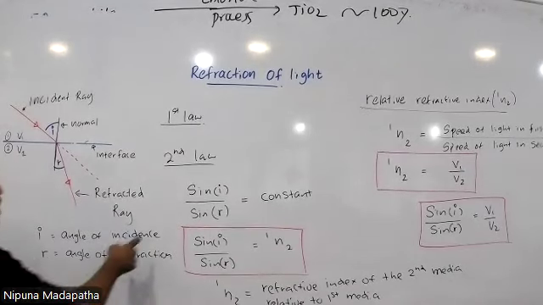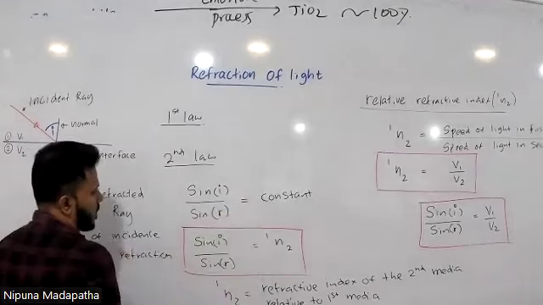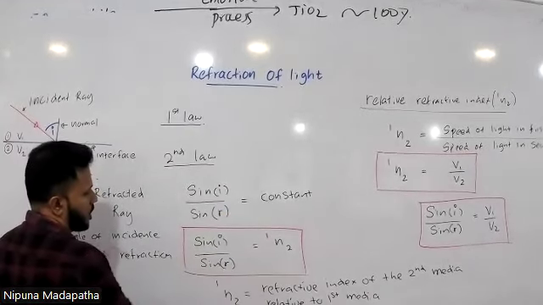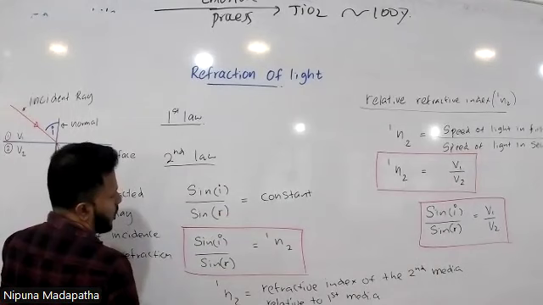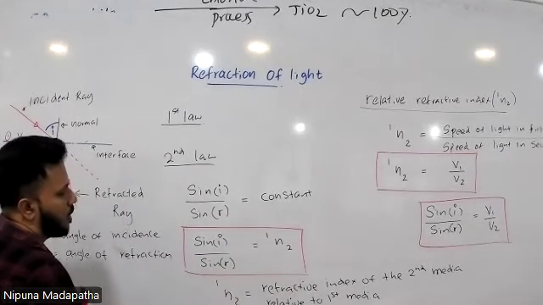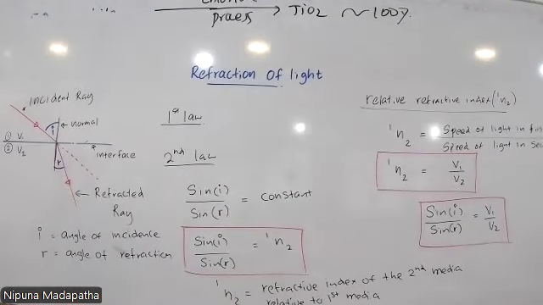Sine i over sine r is constant, equal to 1n2, the refractive index of the second medium relative to the first medium.